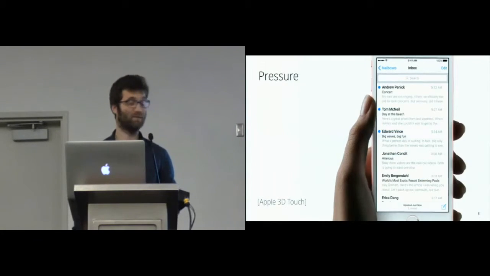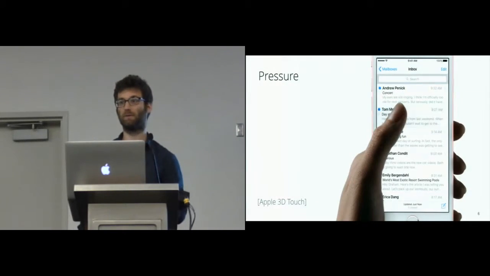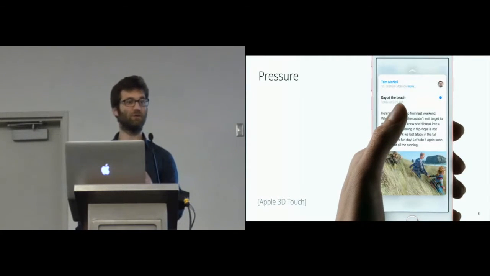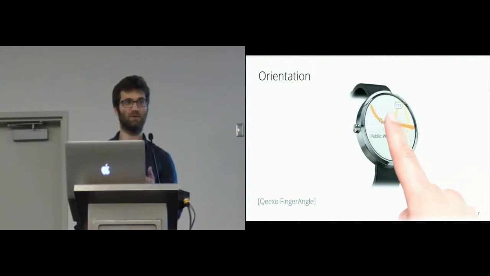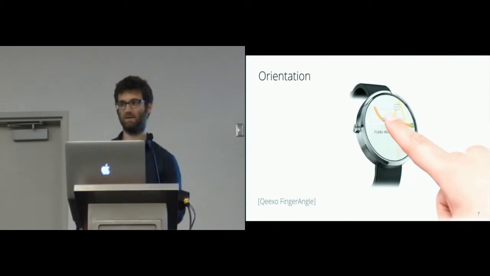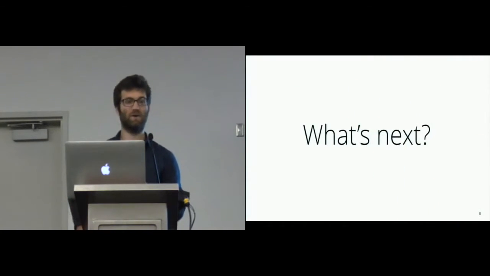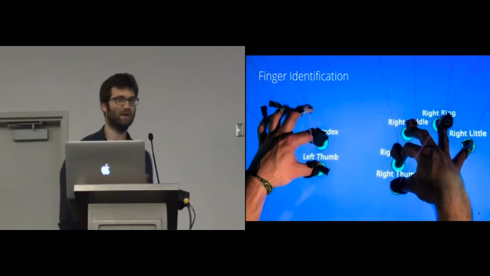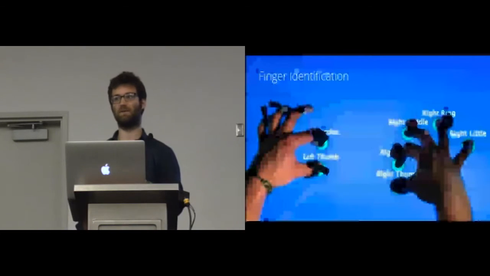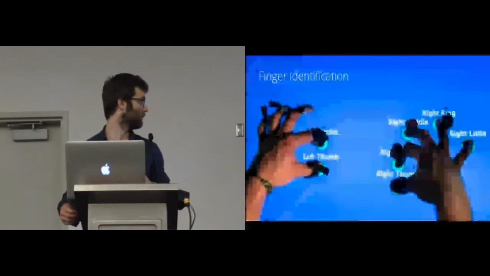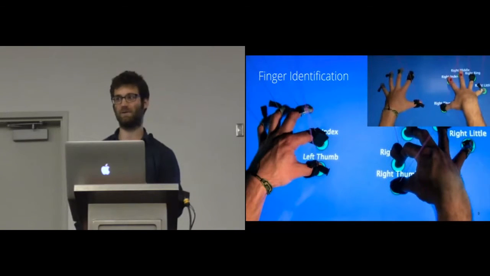For example, we now have access to pressure, with the new generation of iPhones. Orientation, for instance, using the Kixo technologies. And we are still trying to find new ways to augment this input space. The information I'm interested in is finger identification, which is knowing which finger is contacting the screen.